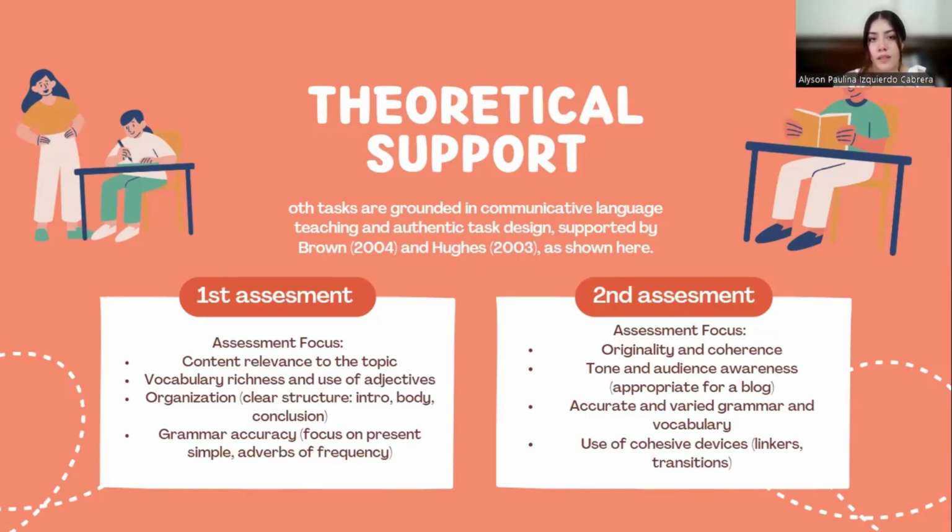Also the grammar, making sure that the grammatical structures are used properly, and the cohesive devices like linkers, transitions, visual effects, and everything that should be provided in this type of activity.